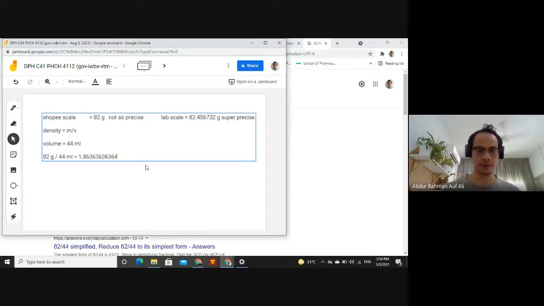So this is the density, gram over mil, unit untuk density. So this is the problem. This is not reporting. Kalau saya tulis report, kata I found the density of this sabun, it is 1.8636363634.